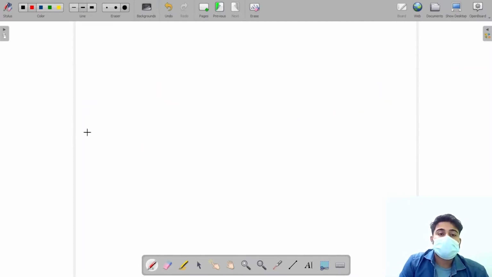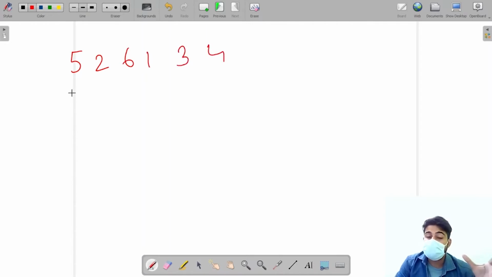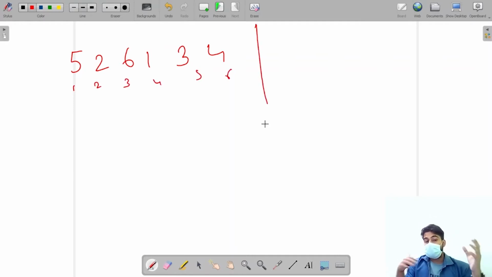We know that in this question we are provided the number 5 2 6 1 3 and 4, and each digit is associated with some index like 1 2 3 4 5 6, and we need to interchange its digit with its index value. The first thing about this question is that the maximum digit of the provided number will be nothing but the size of this number.